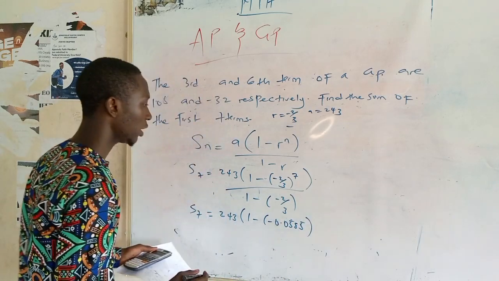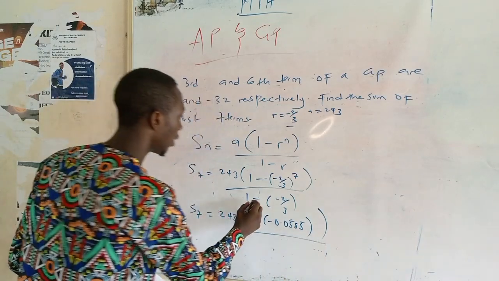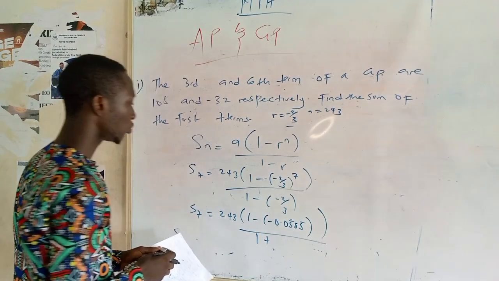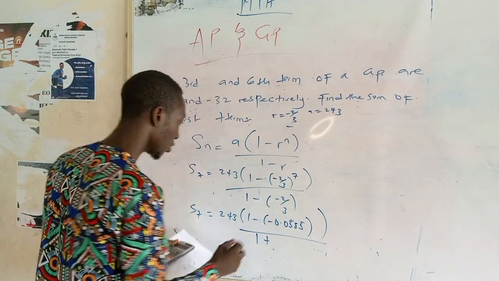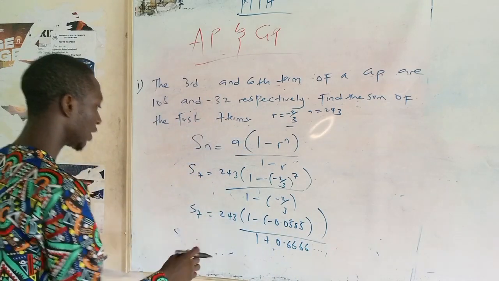Solving this, I'll be together over. Now minus times minus is plus, so I have 1 plus 2 over 3. Let me change it to a fraction. 2 divided by 3 is 0.6666, so it is 1 plus 0.6666. Okay, now let's further solve.